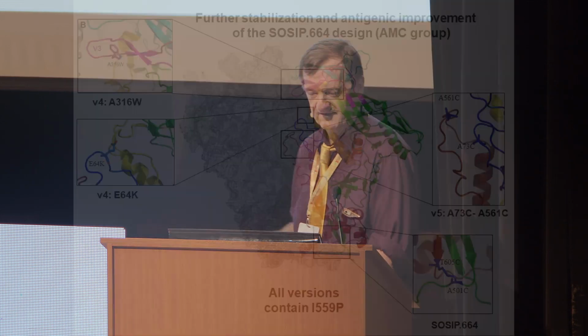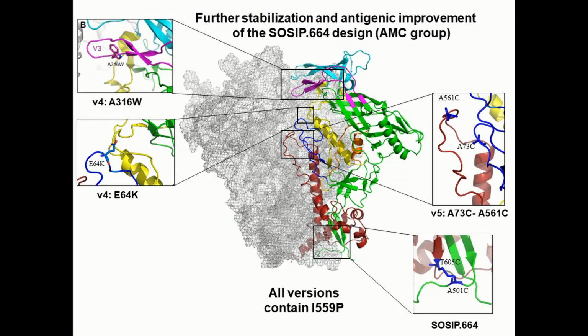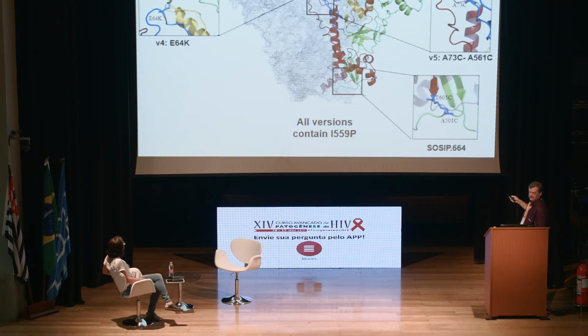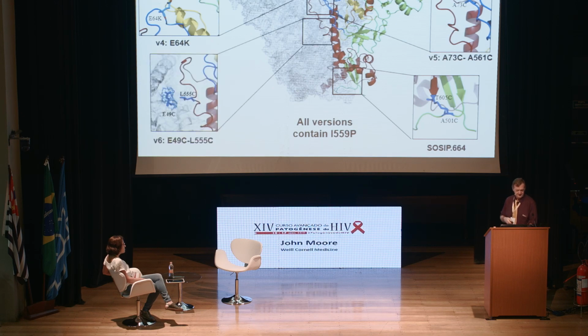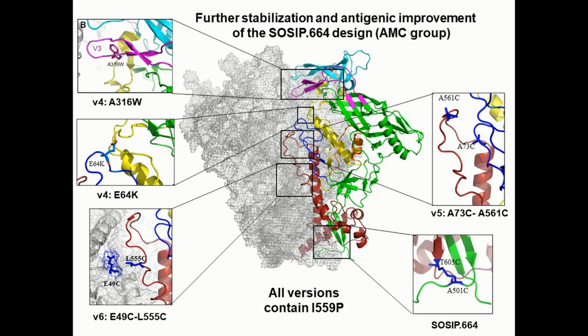Knowledge generates a new design. We can put in additional disulfide bonds. This is work in Rogier Sanders' lab. Peter Kwong at the VRC did a very similar design of an additional disulfide bond that gives even more stability.